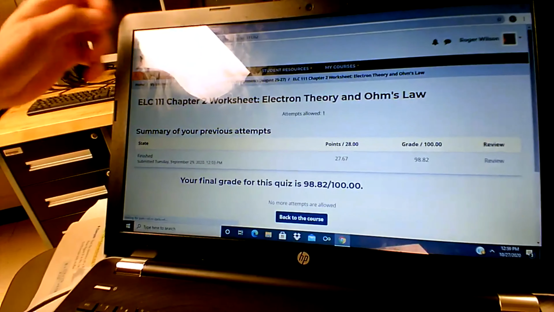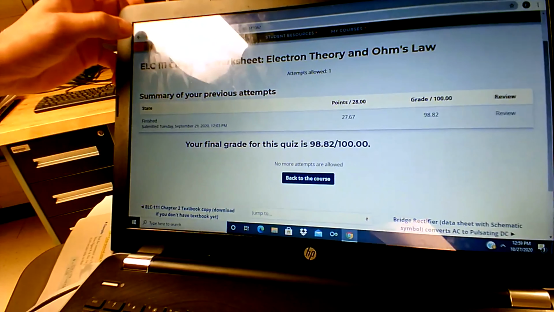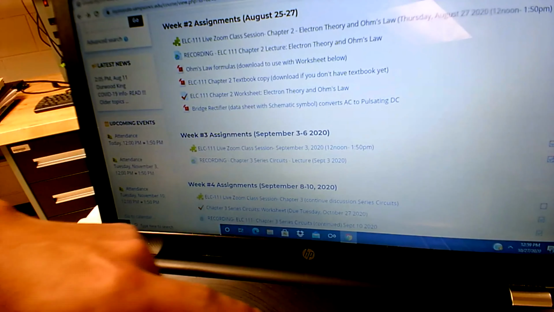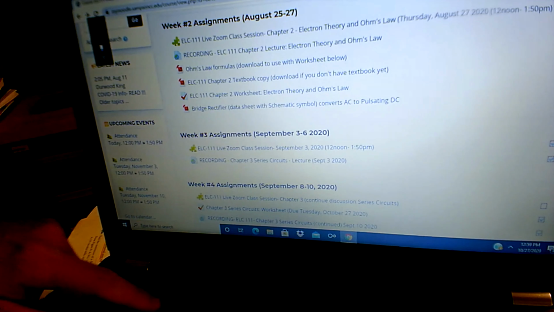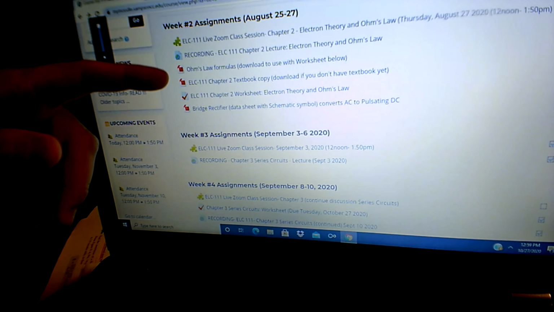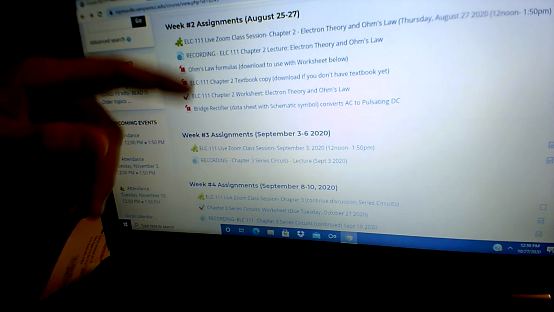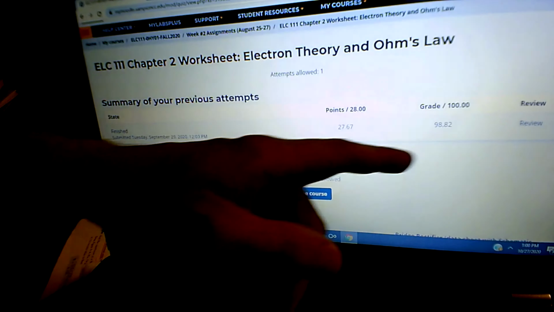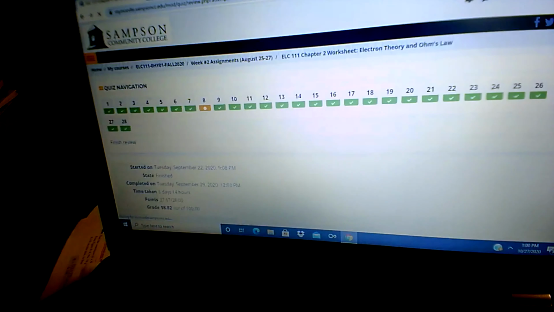Now y'all watch what he's doing. Let's get the glare off of it right here. He's going to go in and open up a worksheet. You see that review button over there?